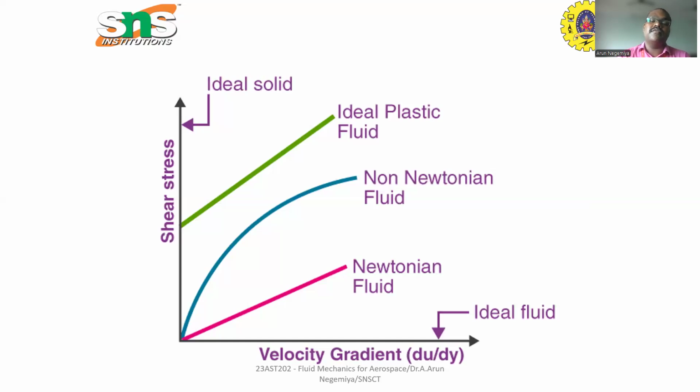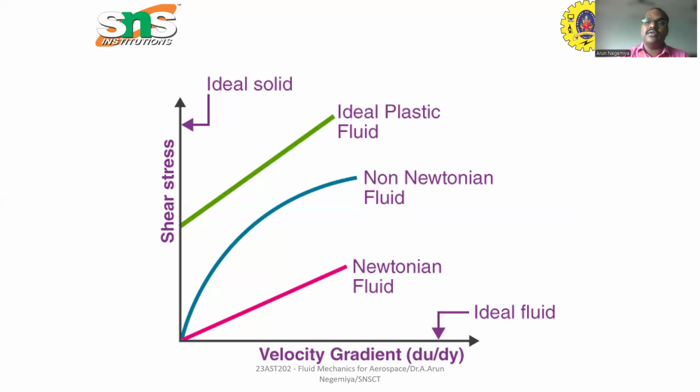Next one is the Newtonian fluid. Taking the Newtonian fluid, the starting point is zero. Before applying the shear stress, there is no velocity gradient at the starting point. It gradually increases as the shear stress increases. And the next one is the non-Newtonian fluid.